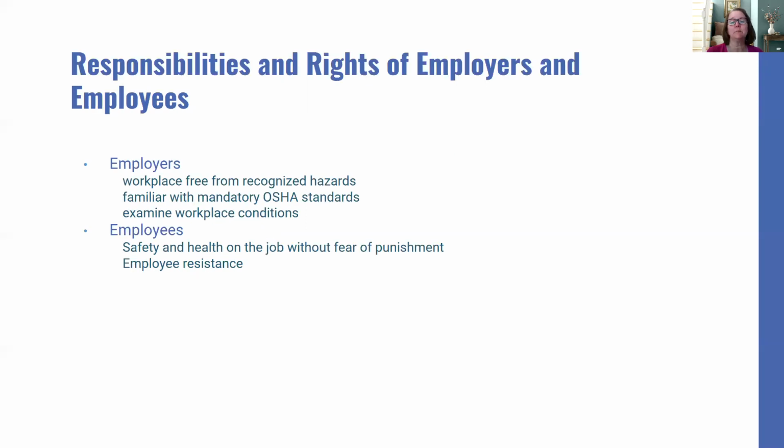So both employers and employees have responsibilities and rights under OSHA. Employers are responsible for providing a workplace free from recognized hazards, for being familiar with mandatory OSHA standards, and for examining workplace conditions to make sure they conform with OSHA standards.